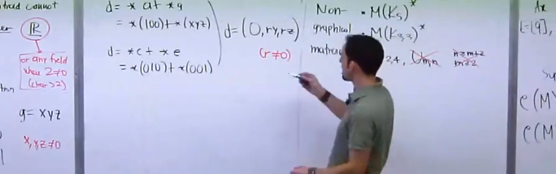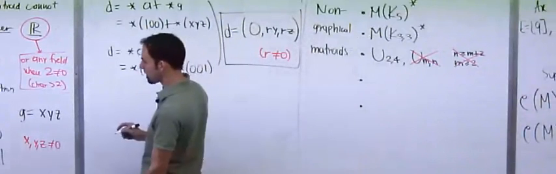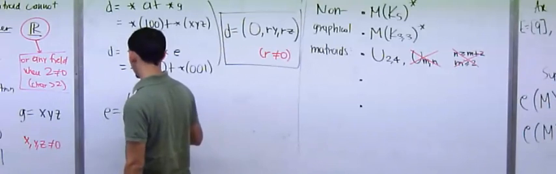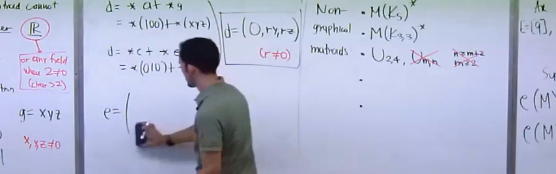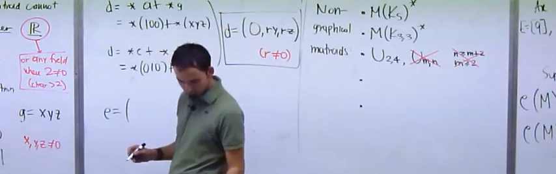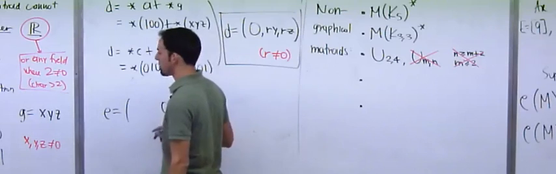So that's D, and I can do the same for the other 2 guys. So what am I going to get for E? I get a 0 in the middle, right?